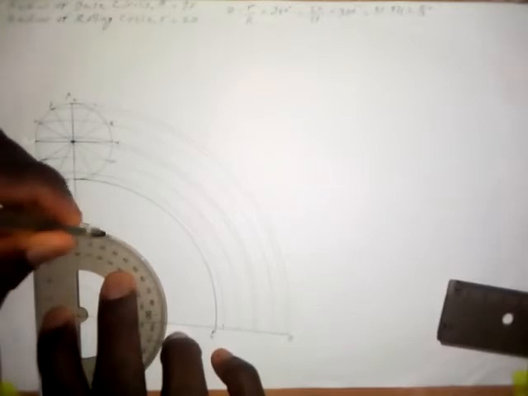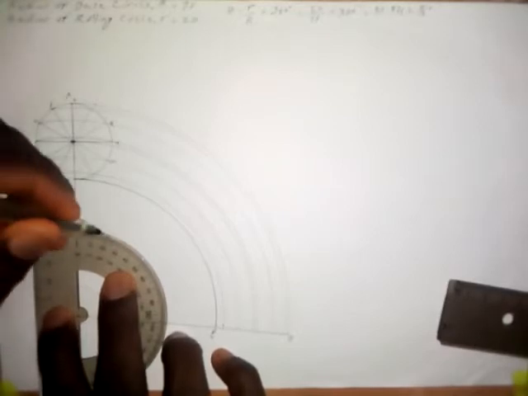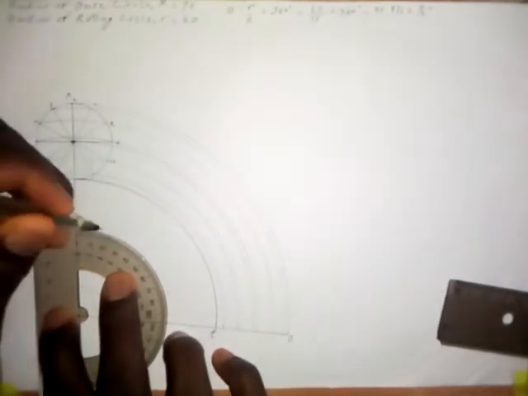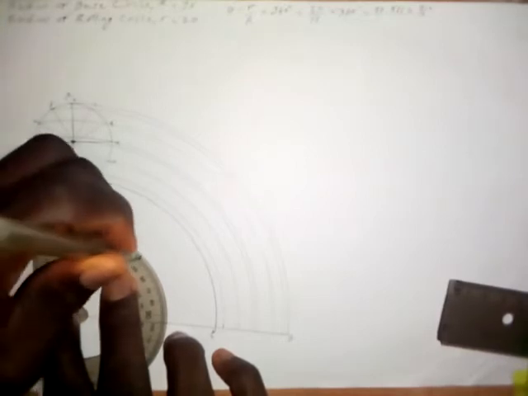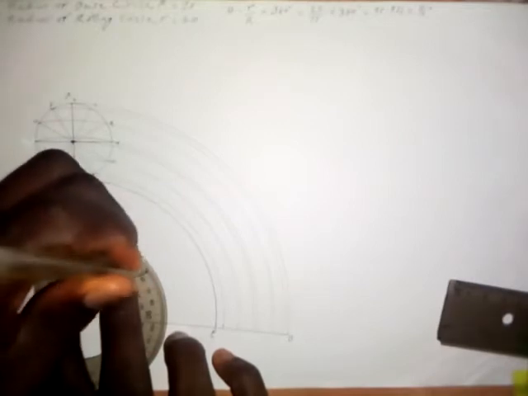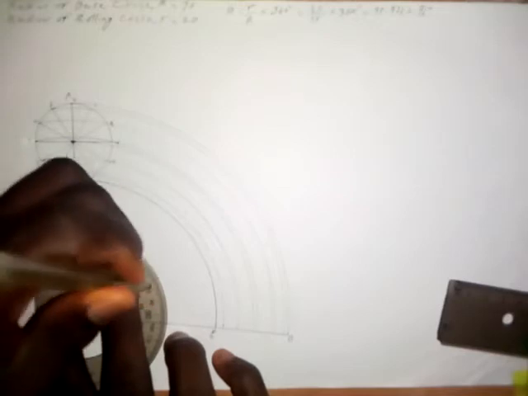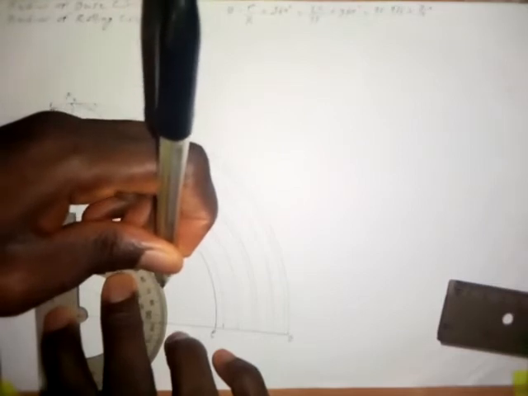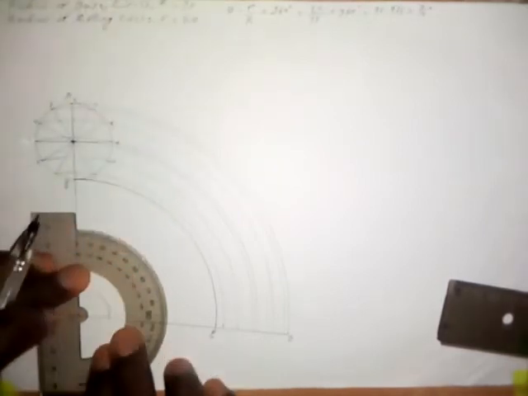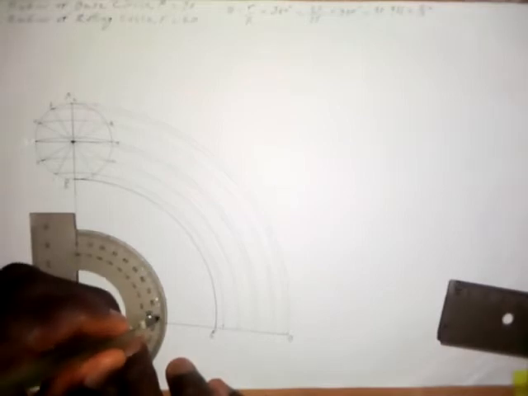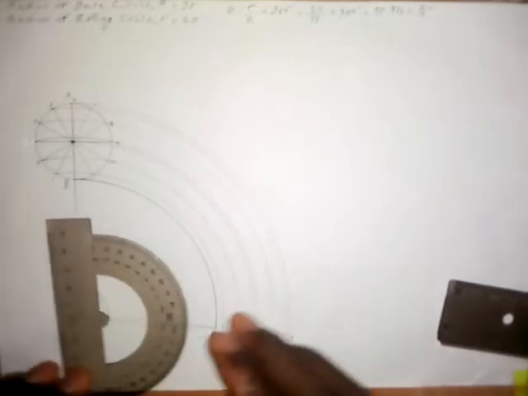Next is 16, next is 24, 32, 40, 48, 56, 64, 72, next is 80, and the next one is 88. So the rest is equal to 8.